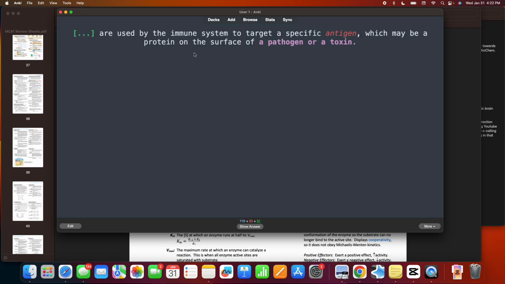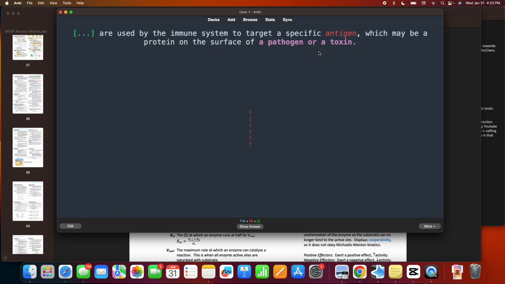What is used by the immune system to target a specific antigen, which may be a protein on the surface of a pathogen or a toxin? Wait a second. Where are we? Which chapter is this from? This should not be 1 or 2, right?